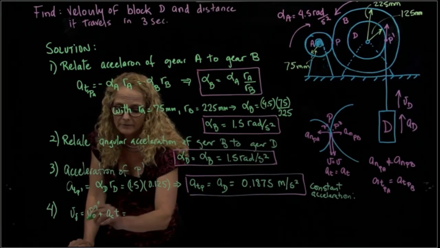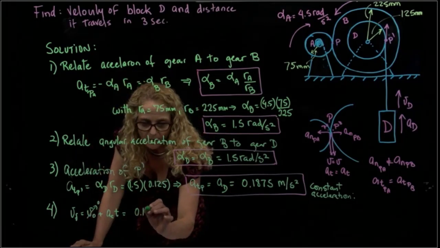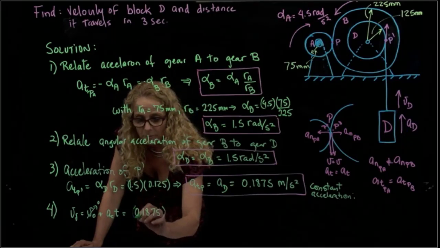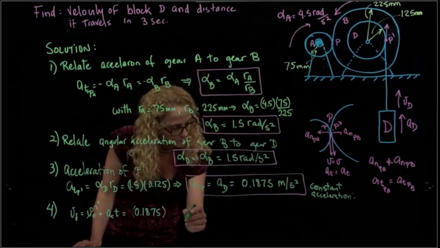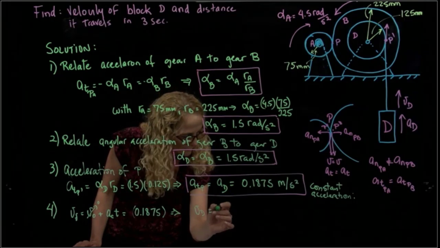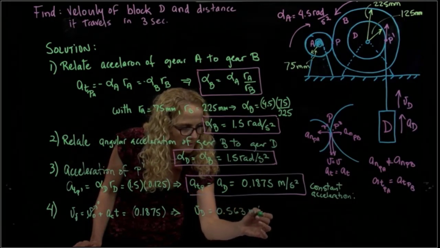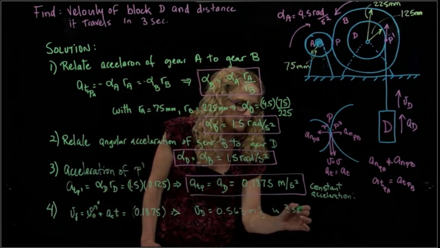And I just have that the velocity will be equal to 0.1875 meters per second squared times time, which is equal to the velocity of D, 0.563 meters per second, and that's in 3 seconds.